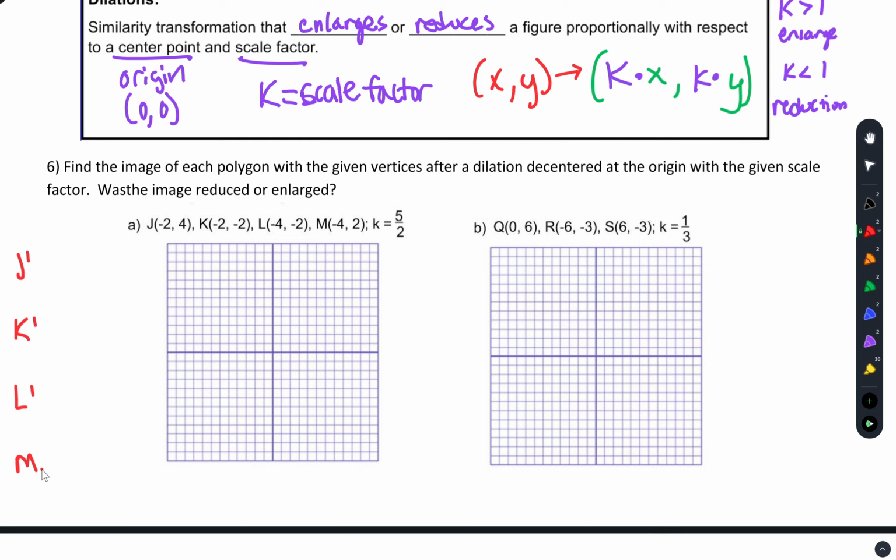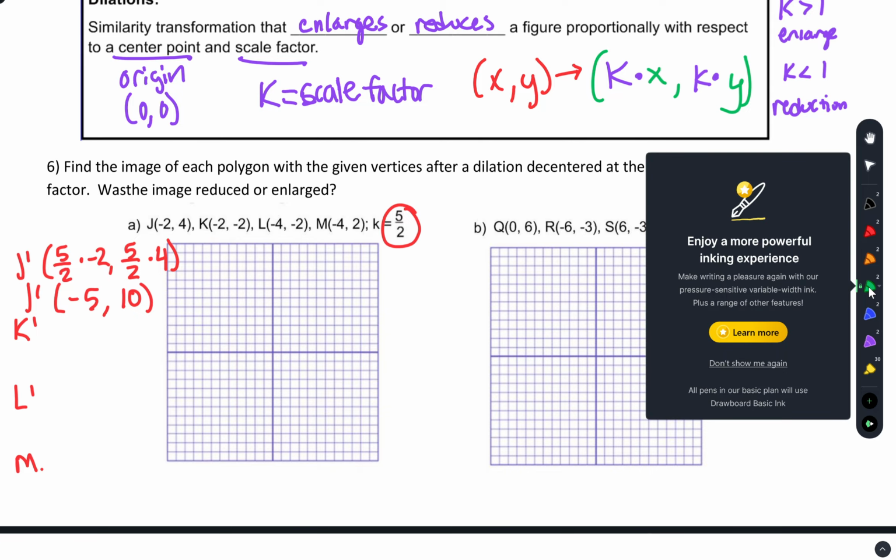And taking our original -2, 4, I'm going to multiply each of those values by 5/2, our scale factor. 5/2 times -2, 5/2 times 4, leaves me with the new point, -5, 10. And that's just for J prime.